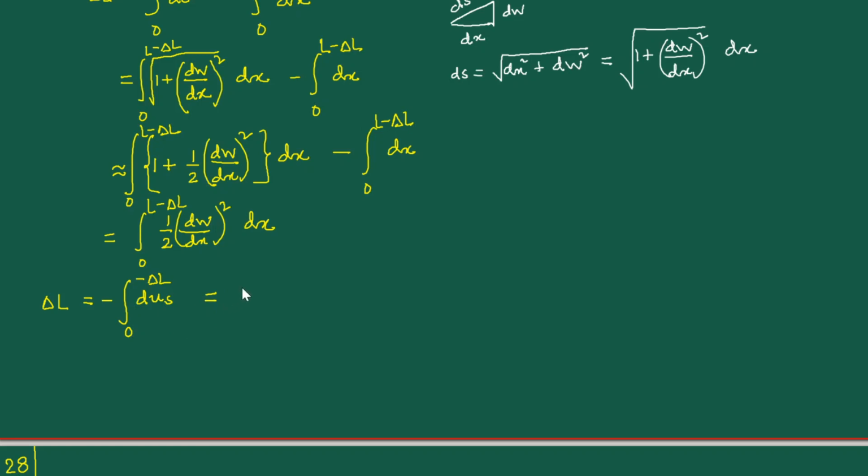Okay, now this particular thing can again be written as the US dx dx, where this integration limit of x goes from 0 to L minus delta L. All right, so there is not much more to it.